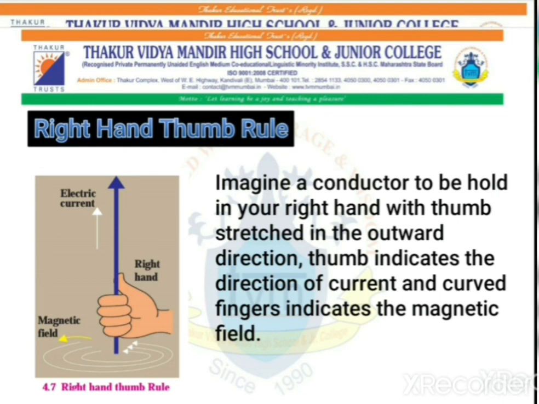So here we get a relation between the electric current and the magnetic field. That is, electric current is I and the magnetic field is B. Both of them are mutually perpendicular to each other. So this is the relation which is given in the right hand thumb rule.